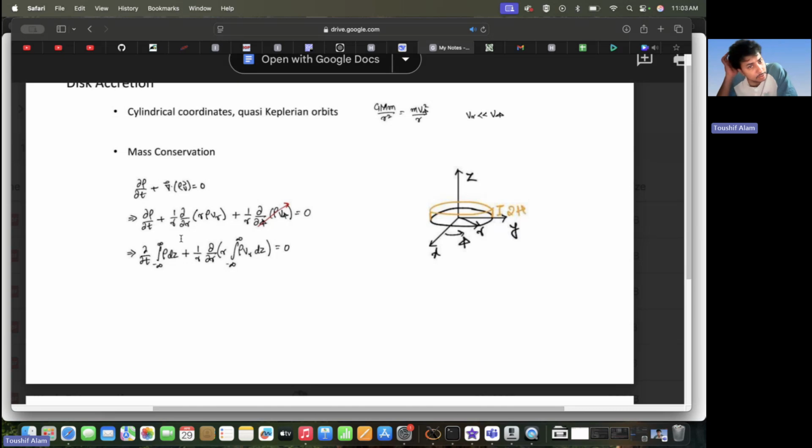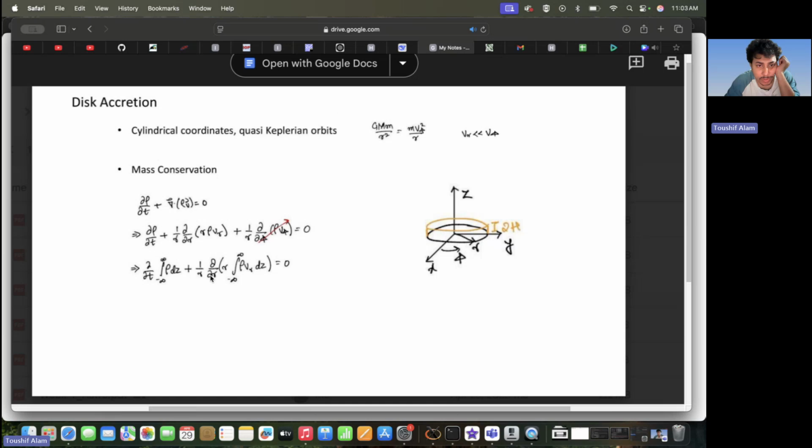From here, for the cylindrical coordinate, we get 1 by r del r of r rho v r plus 1 by r del phi of rho v phi. This will be 0, and this is cylindrical symmetry.